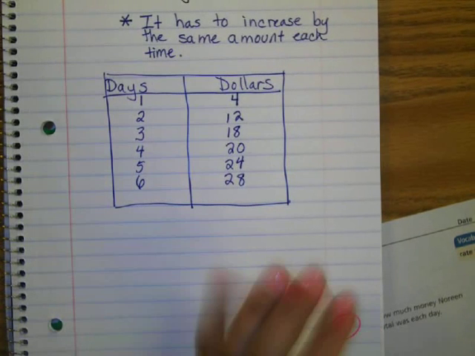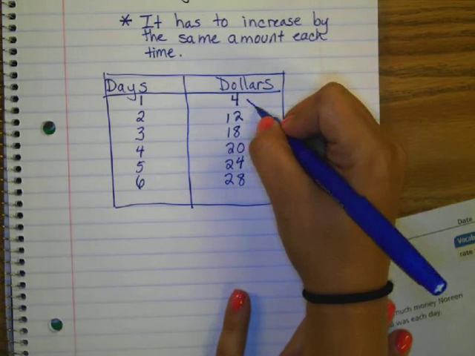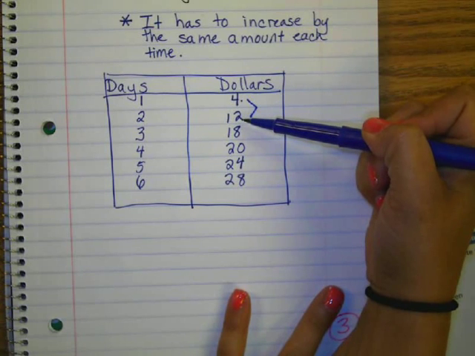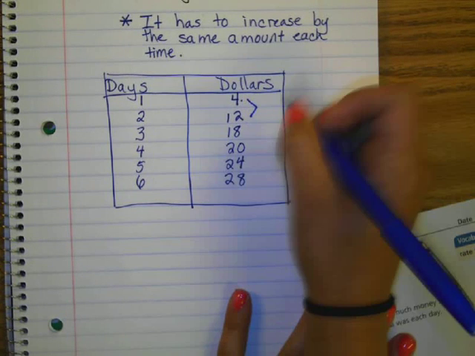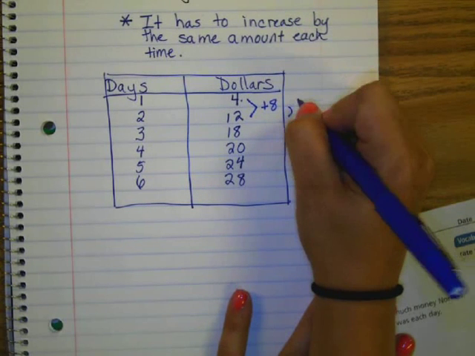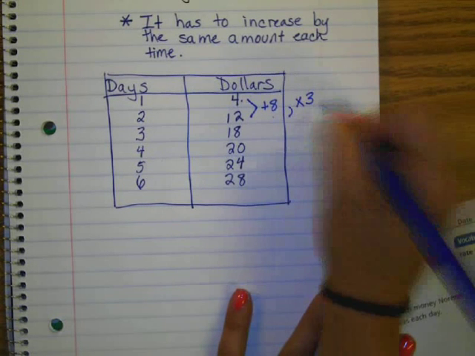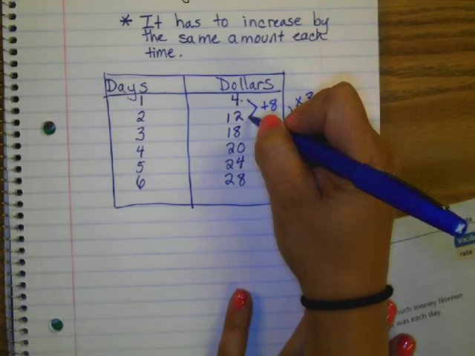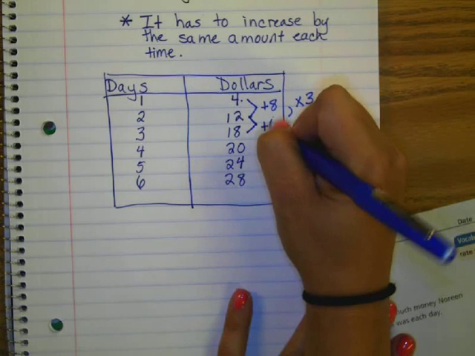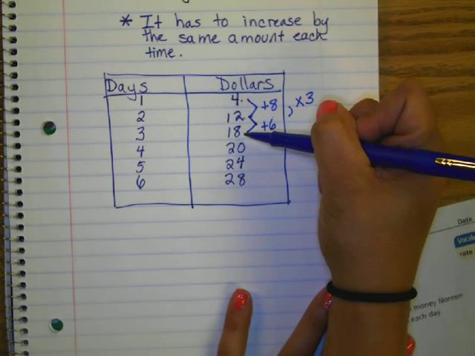So, you want to make like a little carrot. How did they go from 4 to 12? Well, I know 4 plus 8 is 12. I know 4 times 3 is 12. So that kind of gives me a starting point. Then I think, well, how did they go from 12 to 18? Well, they added 6. Can you multiply 12 by anything and equal 18? No. Okay.